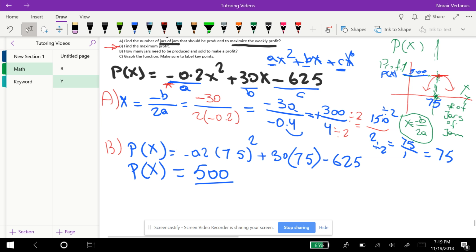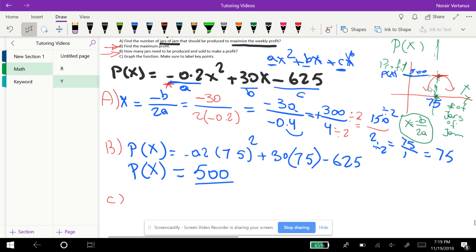Now for part C, how many jars need to be produced and sold to make a profit? To make a profit, it doesn't matter how many, it doesn't say to maximize the profit.